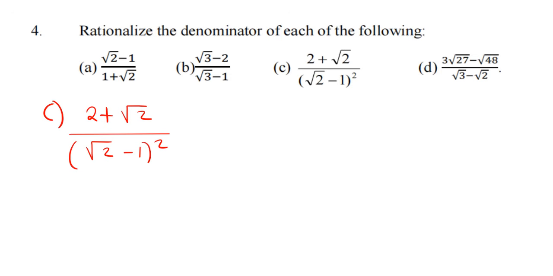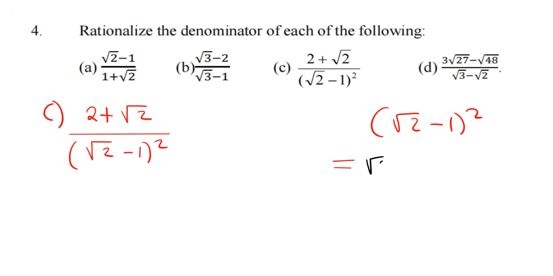So we're going to solve what root 2 minus 1 squared is. To solve it in a faster way, get the first term and square it. If I square that, what am I going to have?